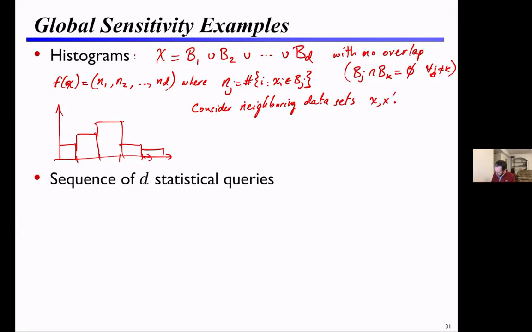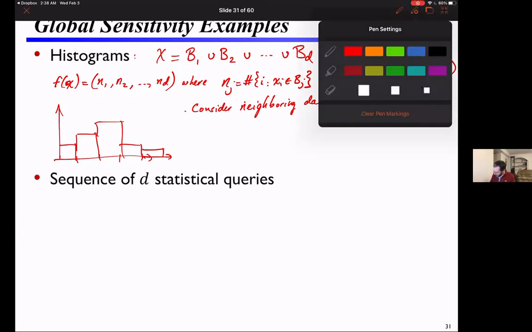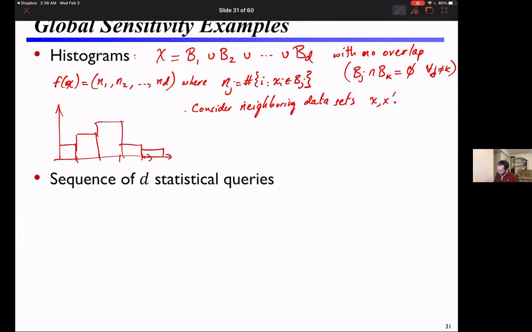If one record has changed, we're taking one contribution to the count of one bin and either moving it to the same bin or moving it to a different bin.